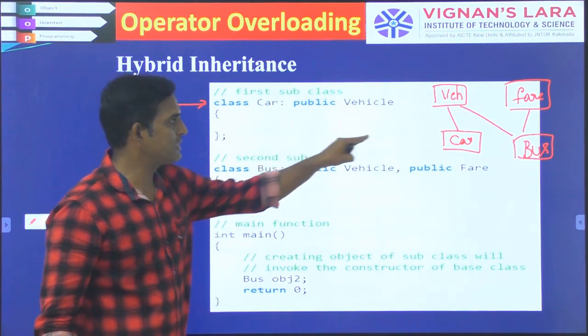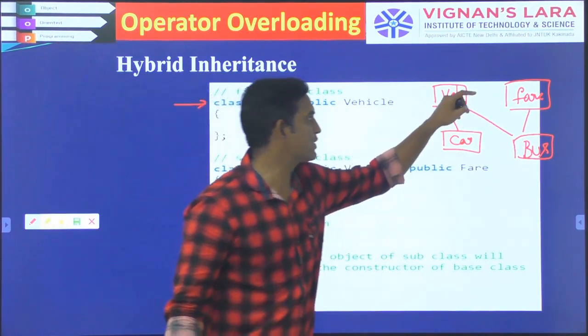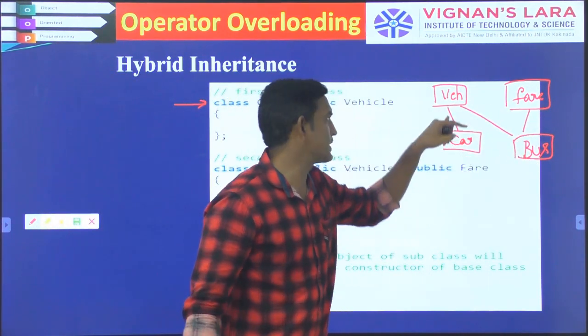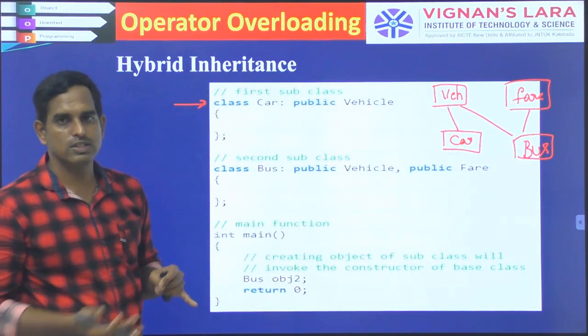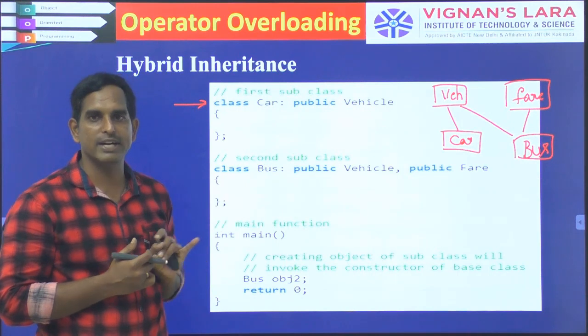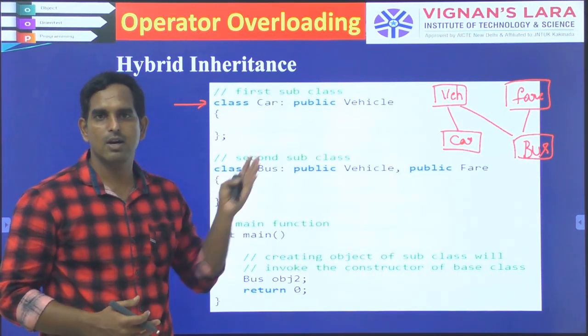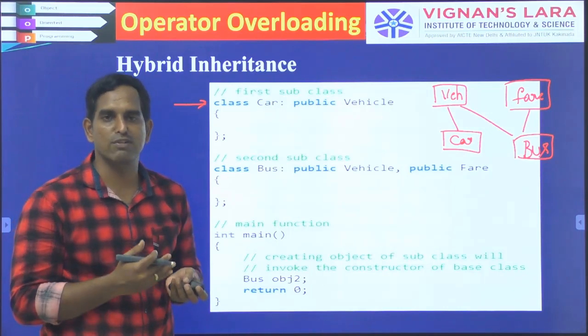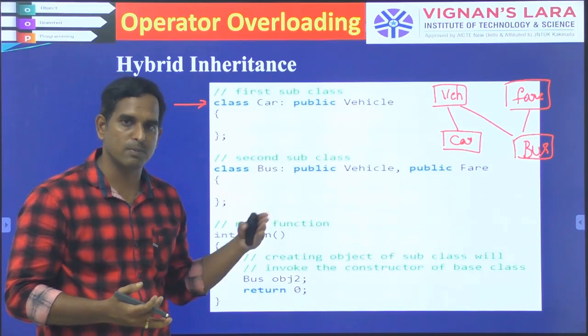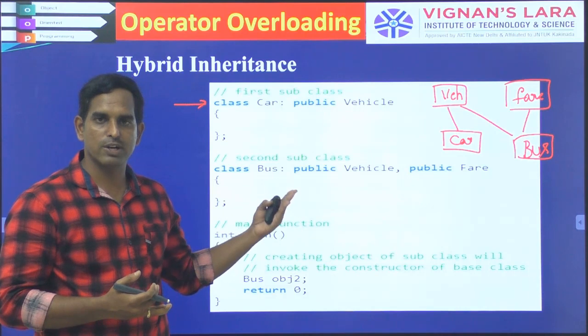So this is the implementation of your hybrid inheritance, where you will be having multiple inheritance as well as hierarchical inheritance. This is what we call a hybrid inheritance, where you can be combining more than one inheritance type.